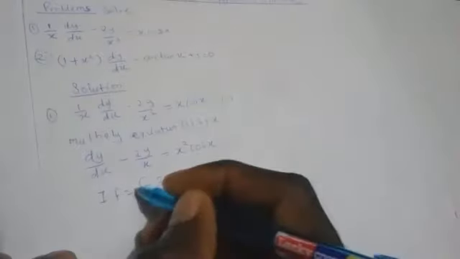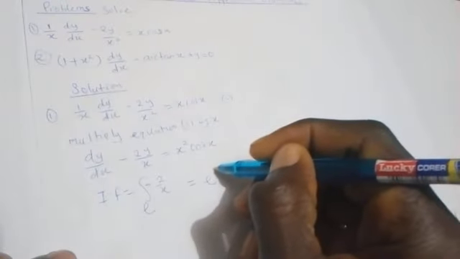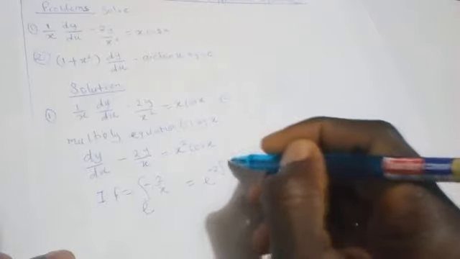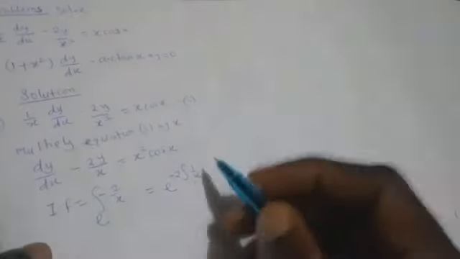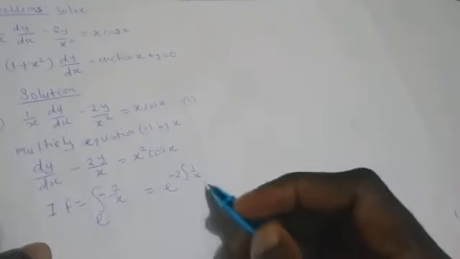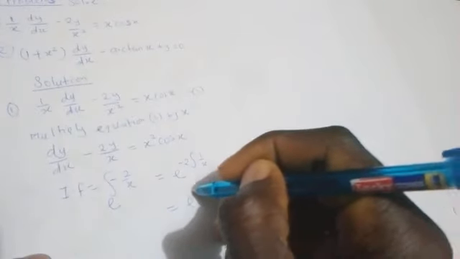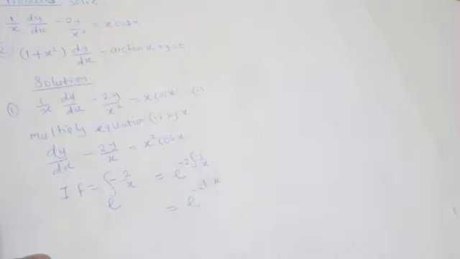If I bring the negative 2 outside the integration symbol, I have negative 2 times the integral of 1/x. What is the integral of 1/x? It is ln x. So I have exponential of negative 2 natural log of x.